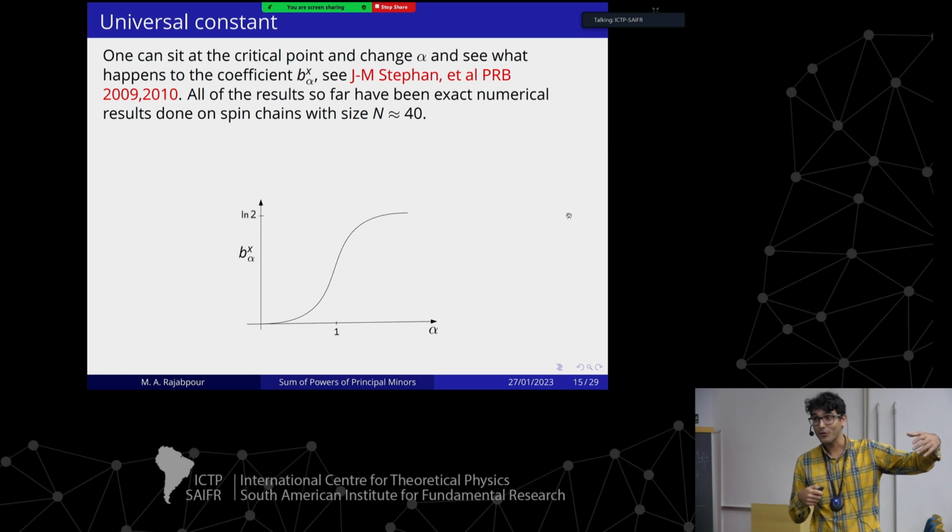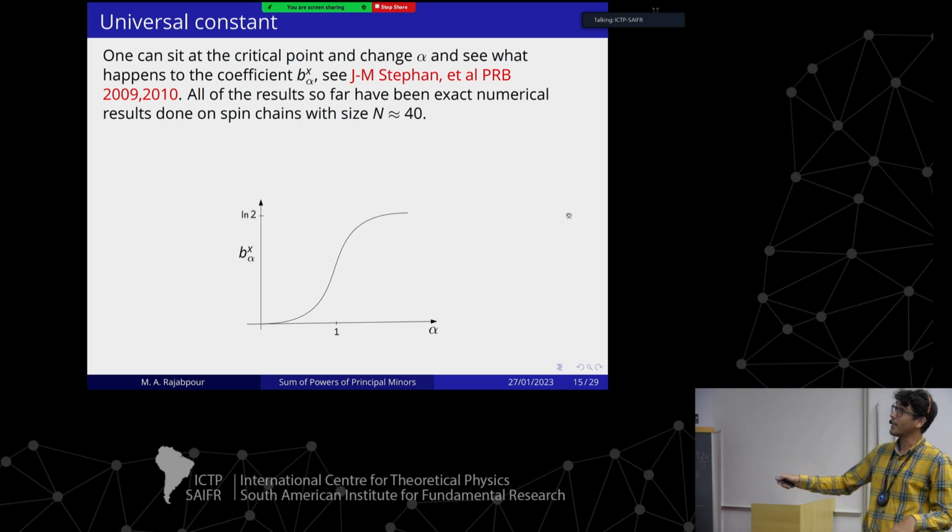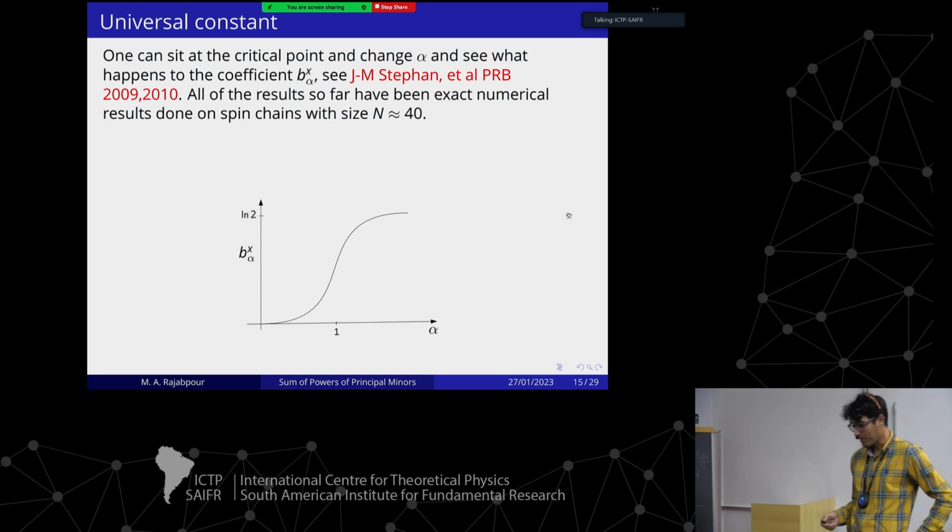You can't just truncate your numbers. If you truncate your numbers in a non-careful way, you will get really bad results. Anyway, this is the picture that people think is valid numerically. For alpha bigger than 1, it looks like it's log of 2. For alpha smaller than 1, it's 0. For alpha equal 1, it's a number we don't know.